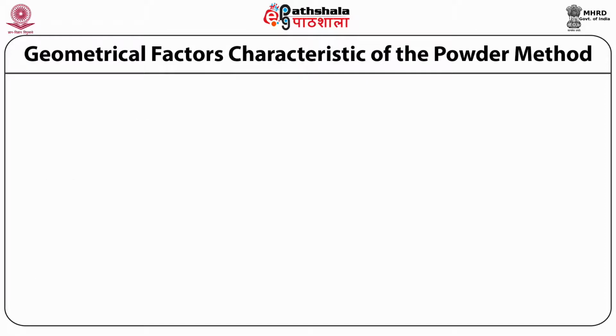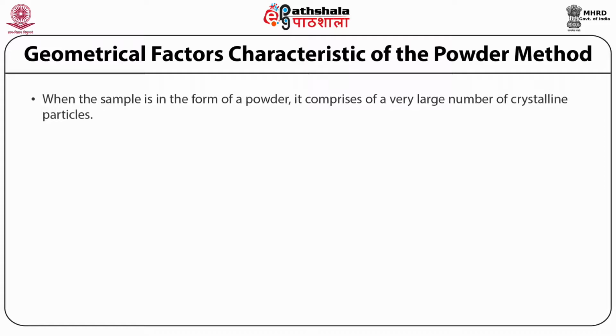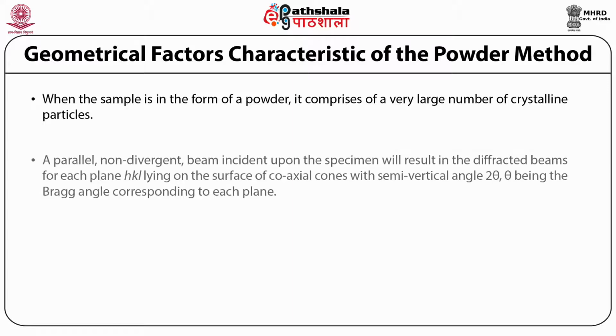Now let us consider the geometrical factors characteristic of the powder method. When the sample is in the form of a powder, it comprises a very large number of crystalline particles. A parallel, non-divergent beam incident upon the specimen will result in diffracted beams for each plane HKL lying on the surface of coaxial cones with semi-vertical angle 2 theta, theta being the Bragg angle corresponding to each plane.